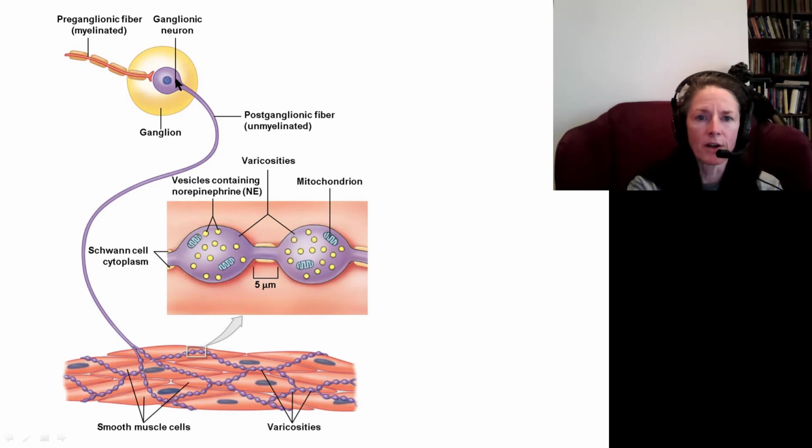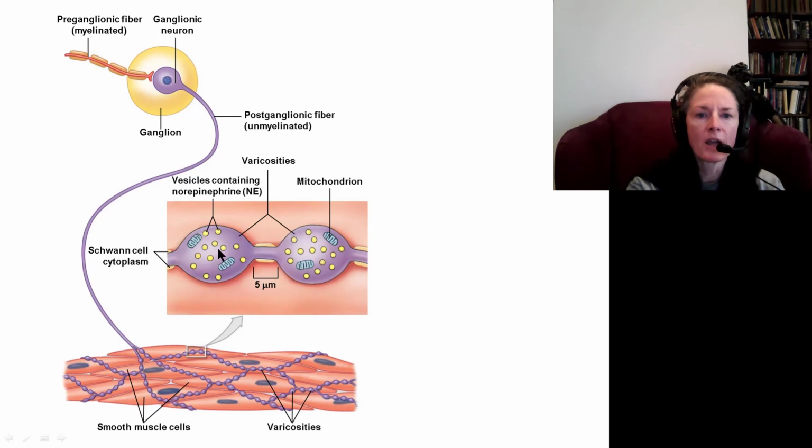Here's our ganglionic neuron. And usually our postganglionic fiber is going to be unmyelinated, as you recall, whereas our preganglionic fiber is myelinated. So here we have our postganglionic unmyelinated fibers. And in this case, it's going to innervate some smooth muscle here. And we see that instead of having a distinct synaptic terminal, what we have are a bunch of these little varicosities, like pearls on a string.